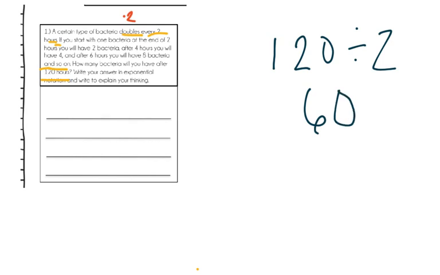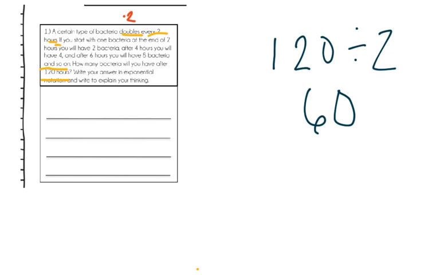If we want to know how often it's going to happen in 120 hours, and it happens every 2 hours, we're going to take that 120 hours and divide that by 2. That should tell you that our exponent is going to be 60, because it's going to double 60 times in 120 hours, okay, because it happens every 2 hours. So we do know our exponent is 60.